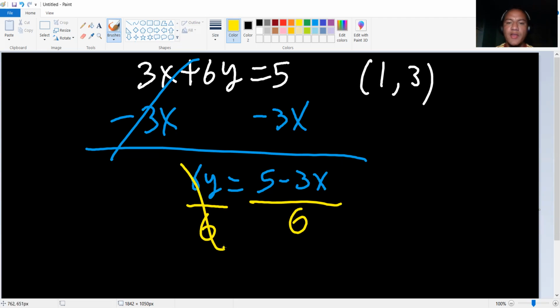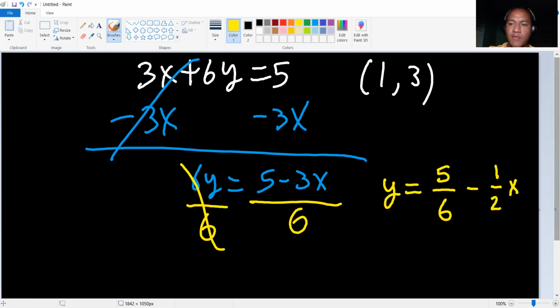6s cancel out. And so for your final answer, you get, I don't like yellow, by the way, y equals 5 over 6 minus 1 over 2x, because 3 over 6 simplifies to 1 over 2.